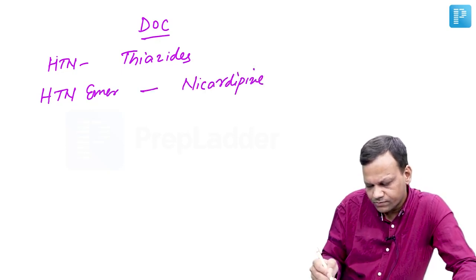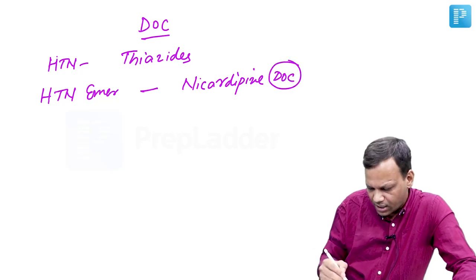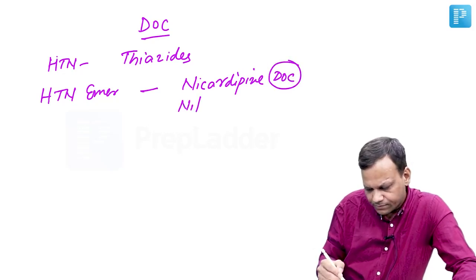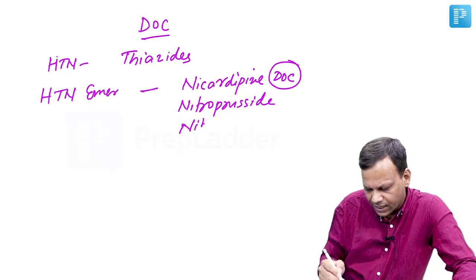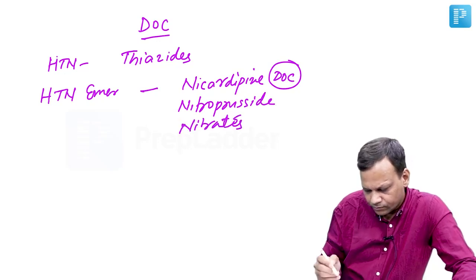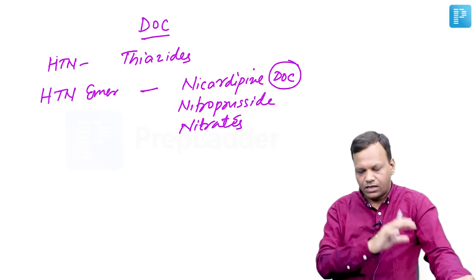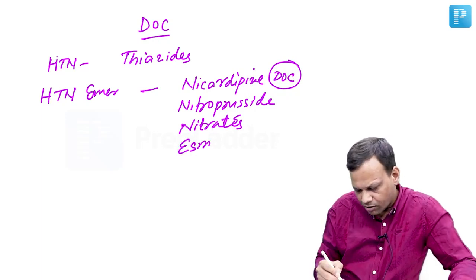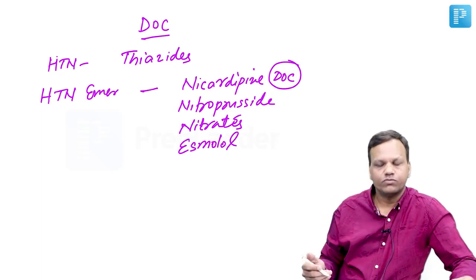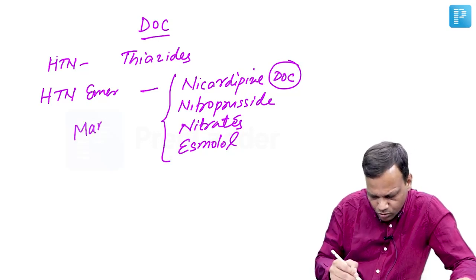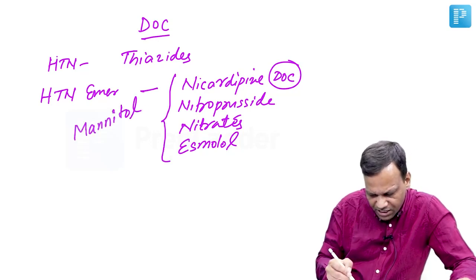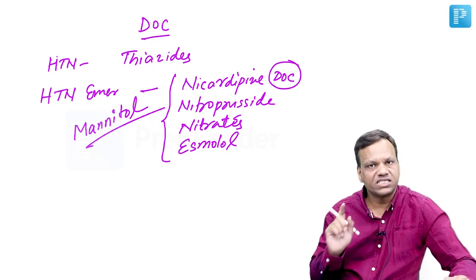The other drugs we can use are sodium nitroprusside, and we can use nitrates also. The other drugs we can use in hypertensive emergencies are fast-acting beta blockers like esmolol. But very important to remember, in hypertensive emergencies, mannitol has no role at all. Mannitol is for cerebral edema. It is not for hypertensive emergency.